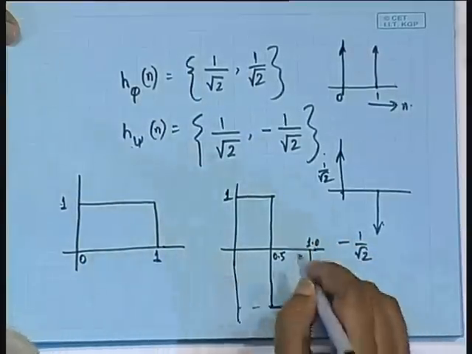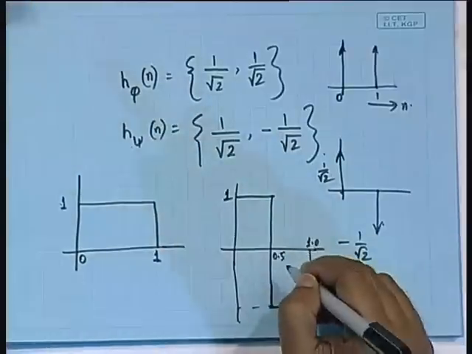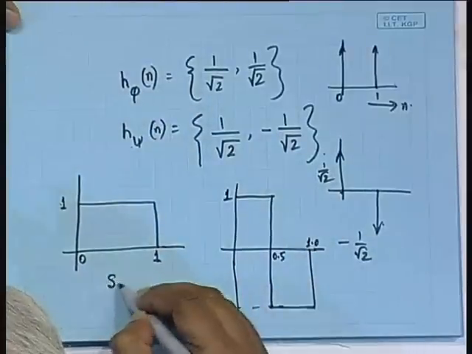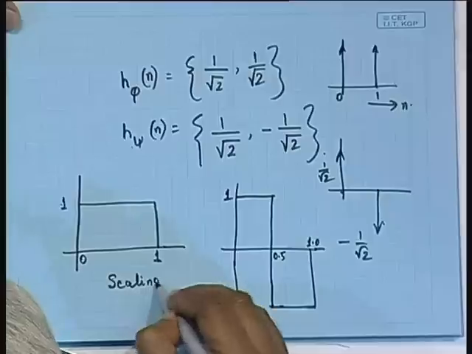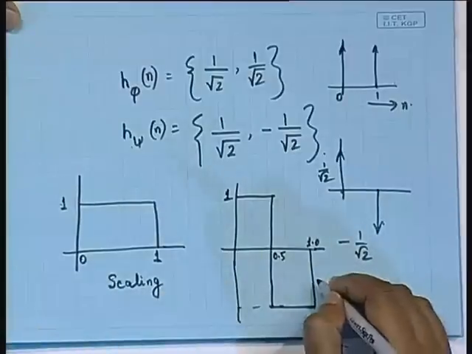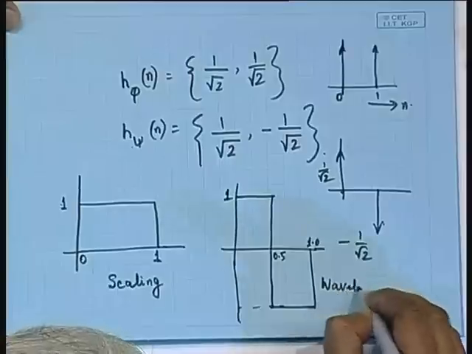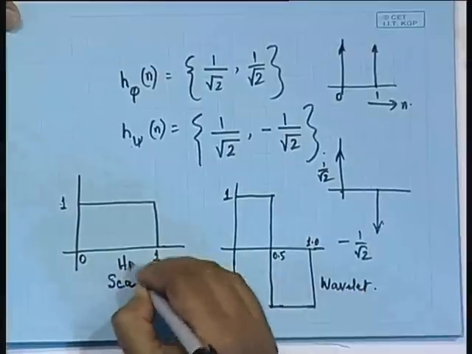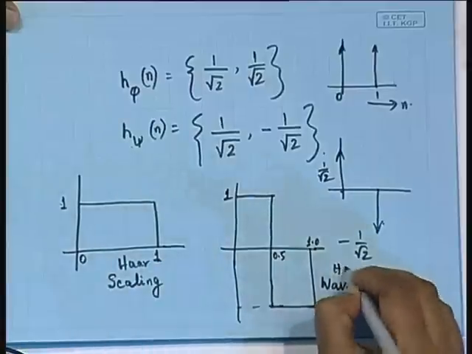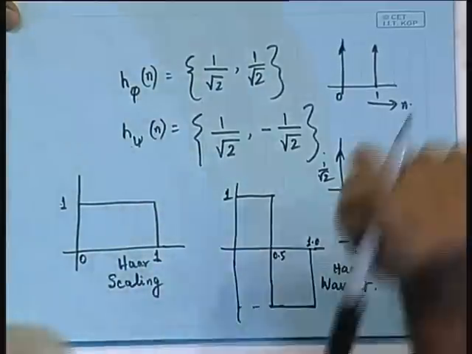So this was in the continuous domain, this was the continuous Haar scaling function, and this was the continuous domain Haar wavelet function. This is the Haar wavelet, that one was the Haar scaling.